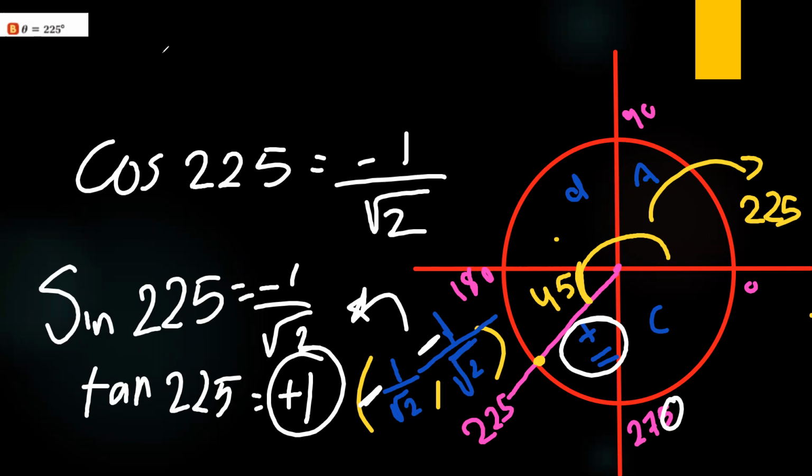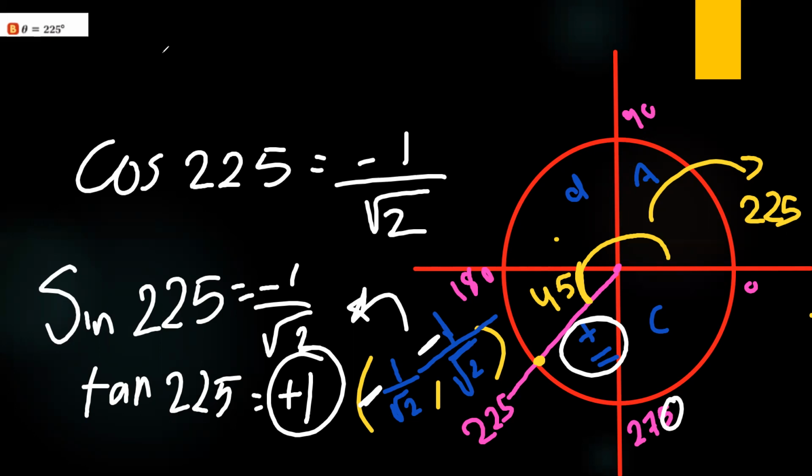Then I will ask myself, which angle did I use? I used 45. I go to my table, I bring the sine and the cosine of 45. Then I need to change them because 45 is in quadrant 1, that's why both cosine and sine are positive. But here you have to see if they are positive or negative. After you put these numbers, you can find the cosine and sine.